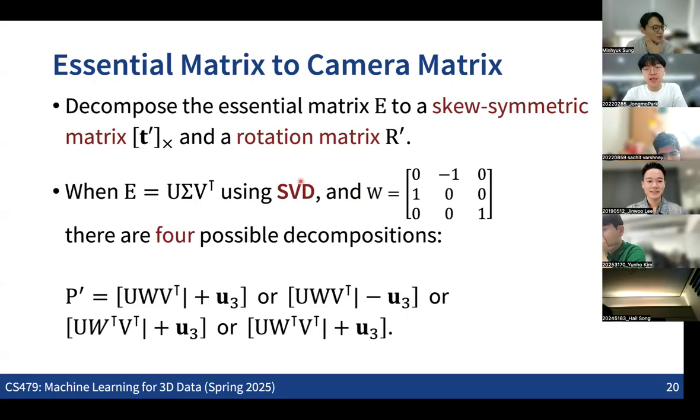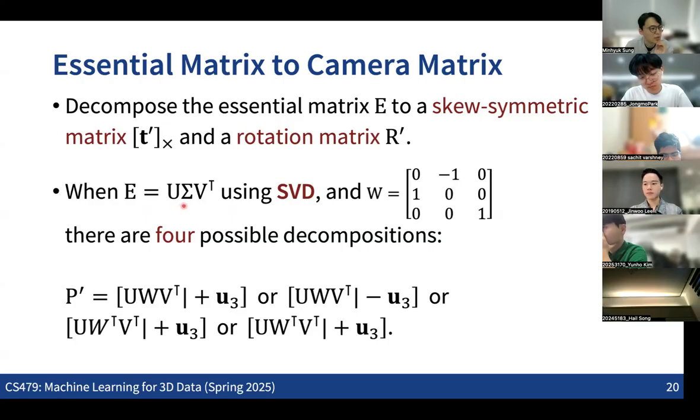What we can do is that, given the essential matrix that we calculated from the fundamental matrix, we decompose it with the SVD again. So we are using the SVD multiple times. If we define the W matrix in this way, there are four possible decompositions of the essential matrix E into the translation and the rotation.